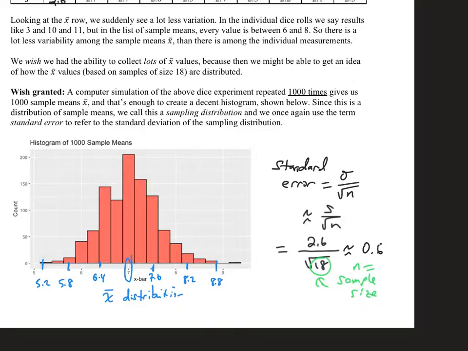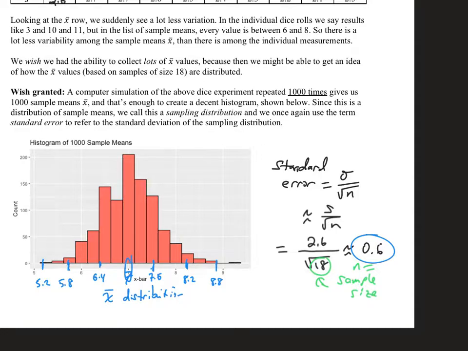And so if we do the normal thing we do where we write our tick marks in either direction from the center and go up and down by the standard error, then we can see that the empirical rule that we normally use makes sense. Most of those values are within 3 standard errors of the middle, within 3 standard deviations of the mean, and everything else looks about like it does in any other normal distribution problem.